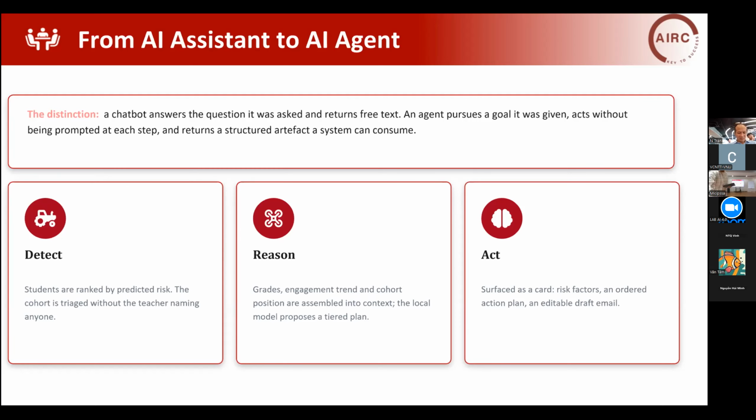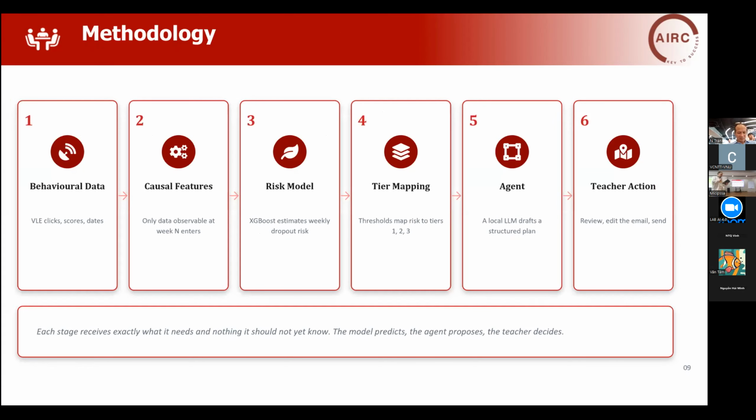For the methodology, here's the pipeline of how it works. We have the data: the LE clicks, scores, the grades, the dates of the assessment, and causal features are constructed using only data observable up to the current week. A risk model produces a weekly dropout probability.